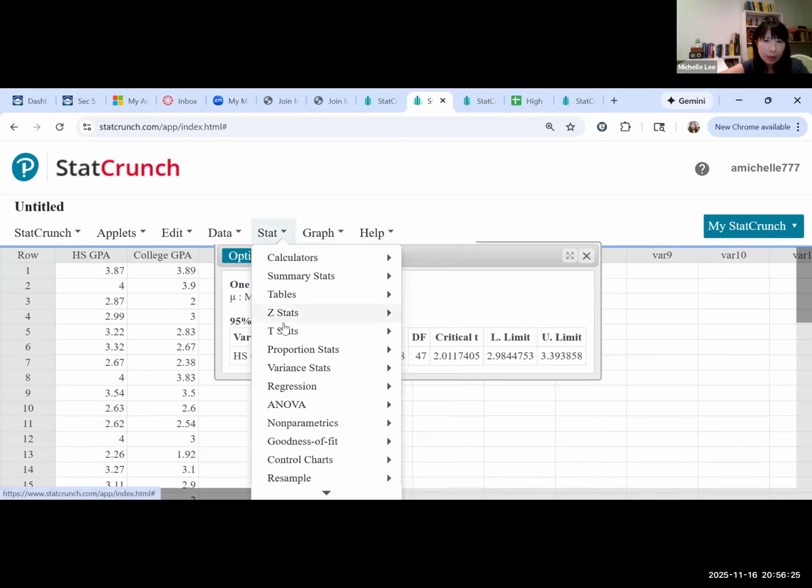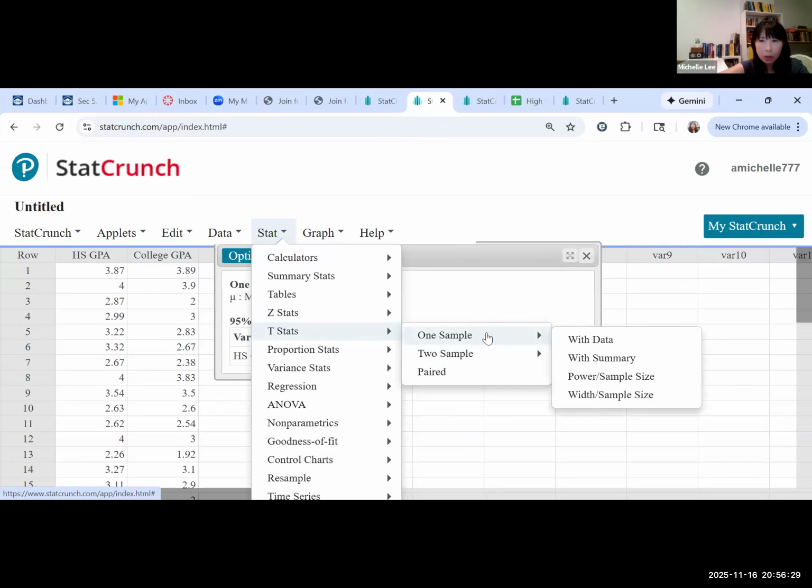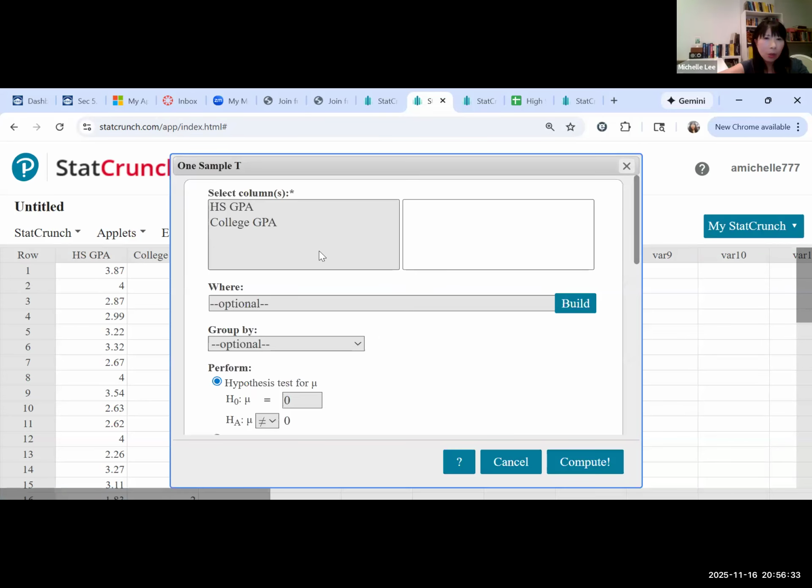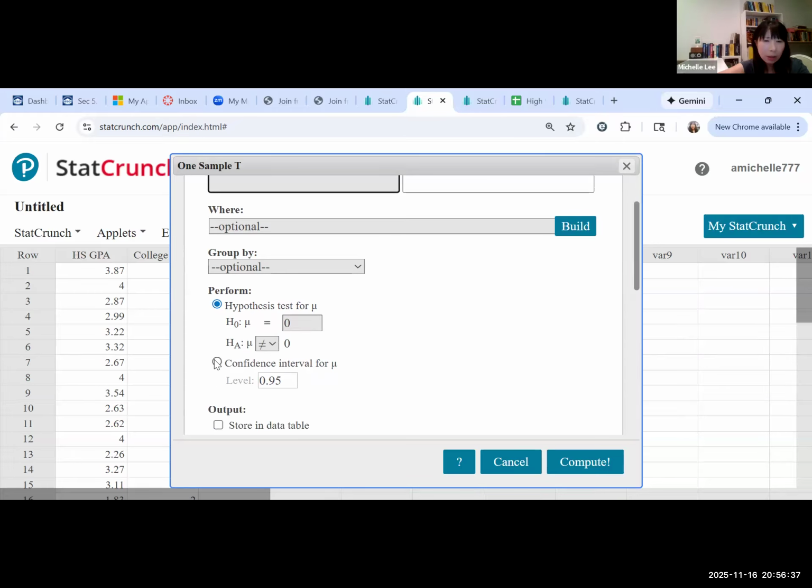So go to T-stats and one sample, and we do data, right? Click that. All right, so college GPA and the same process. Oh, did I do 95%? Was it 95%?